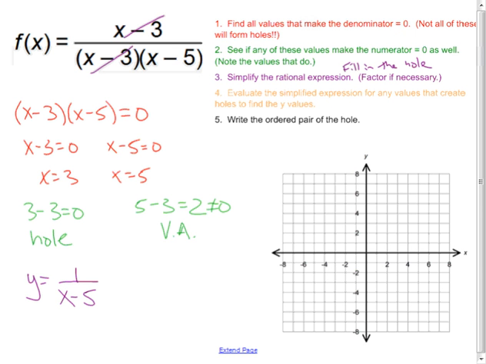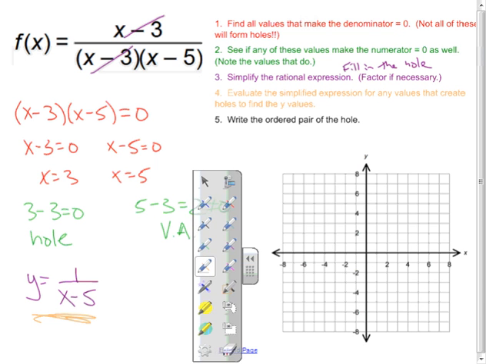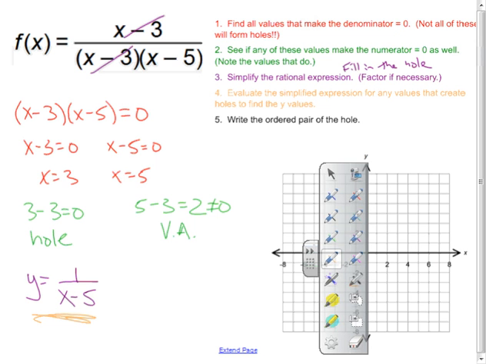So now, we'll see in orange where it says evaluate the simplified expression, which is right here, okay, for any values that create holes to find the y values. So now I'll use a combination of the purple and the orange so you could see it. But I've got y equals 1 over 3 minus 5.